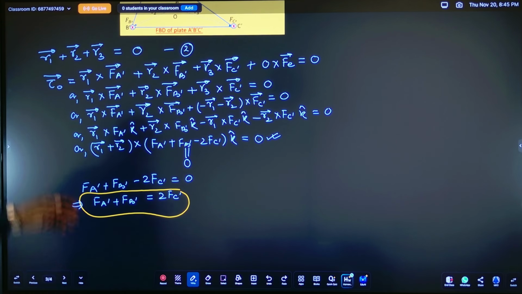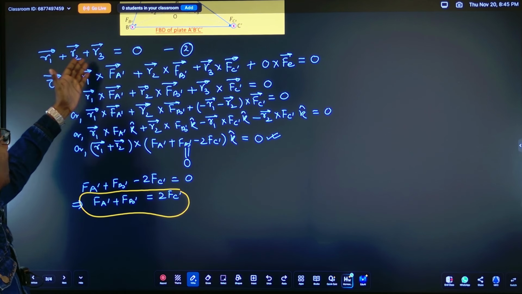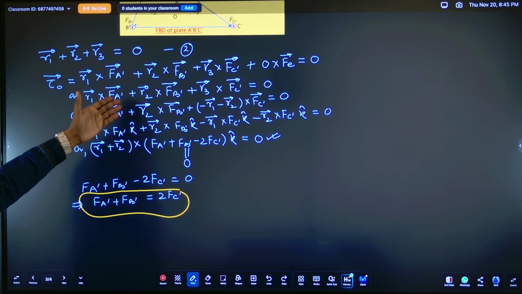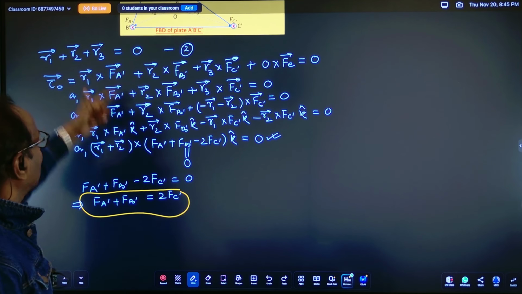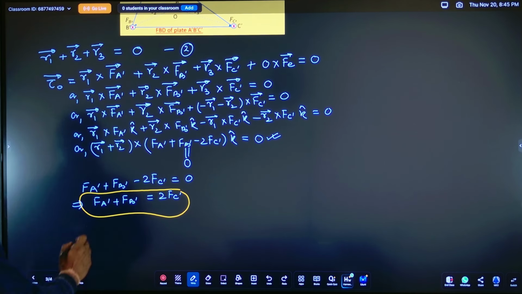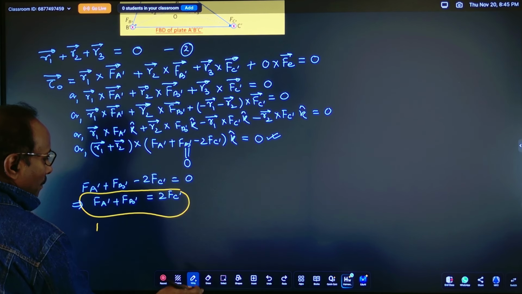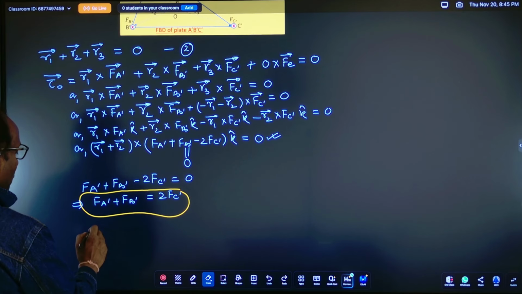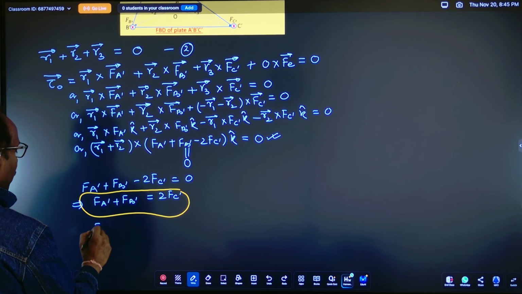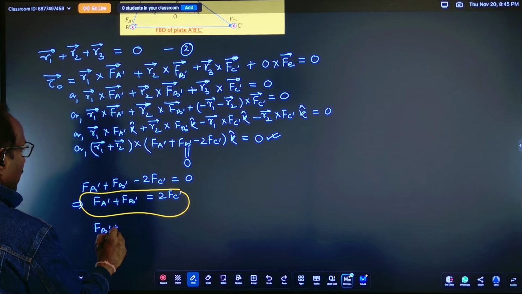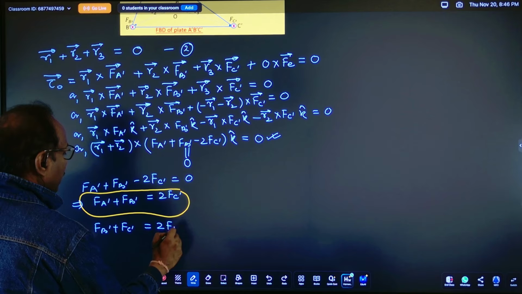Similarly, if you put R1 in terms of R2 and R3, and the second time R2 in terms of R1 and R3, you will get Fb prime plus Fc prime as 2Fa prime.